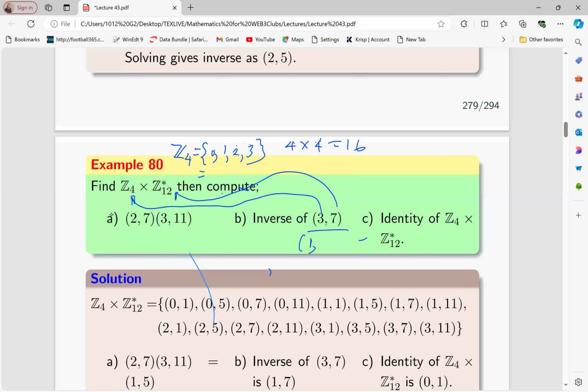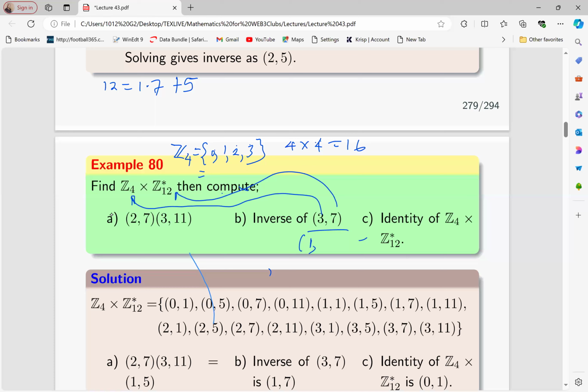You'll be using a division algorithm. Now, the inverse of 7 is coming from a multiplicative group. So we ask ourselves, if 7 were to go into 12, how many times will that be, and what will be the remainder? Is that okay? What I've written is okay?